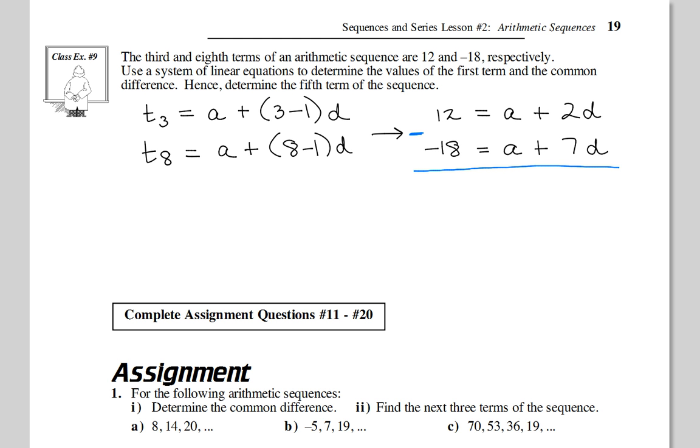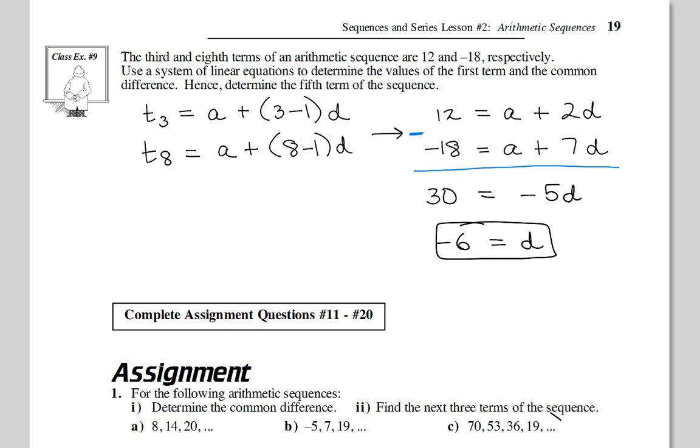So what's 12 take away negative 18? 30. A take away A, 0. 2 take away 7, negative 5. Now we can divide out negative 5 and get negative 6 for the value for d. So that is a recall for Math 10, system of equations.